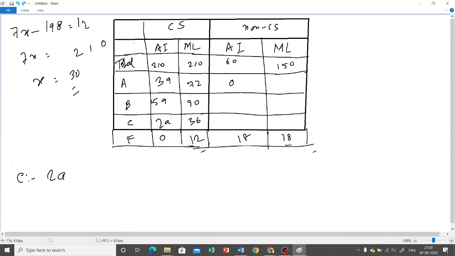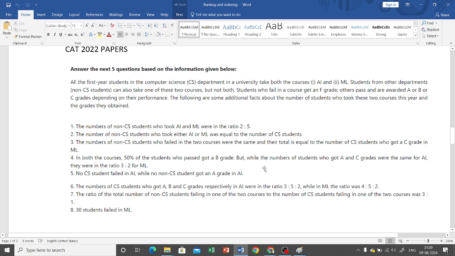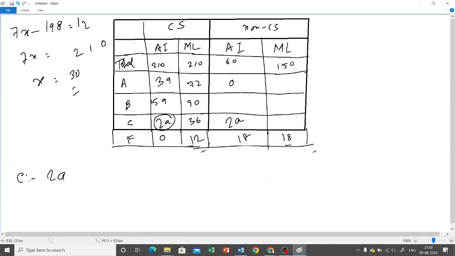Okay, so if this is 2A, this is also going to be 2A. Why? Because that is what is given. And this is for both the courses, both the streams, CS and non-CS. So number of people who got C grade 2A, and here also it is 2A.